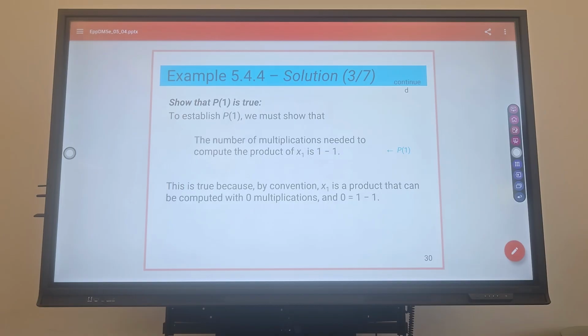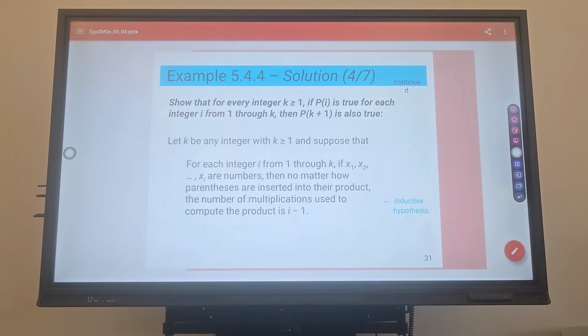This is true because by convention x sub 1 is a product that can be computed with 0 multiplications, and 0 equals 1 minus 1. Now for every integer k greater than or equal to 1, if P of i is true for each integer i from 1 to k, then P of k plus 1 is also true.